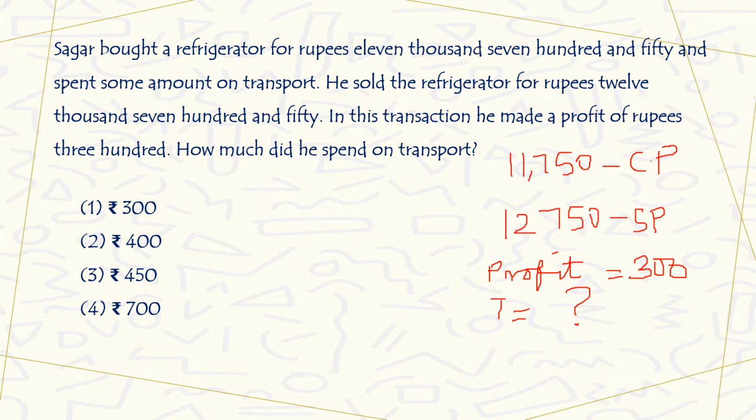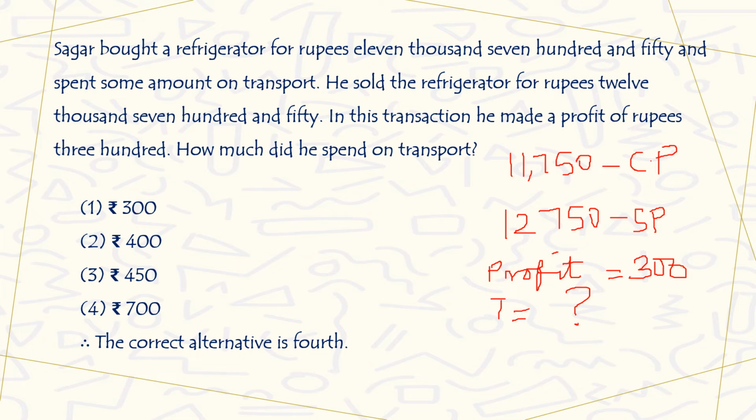First subtract the cost price from the selling price, and you will come to know the actual profit that he made. Out of that, if you subtract 300, you will get the amount spent on the transport, and the correct alternative is alternative number 4, that is rupees 700.